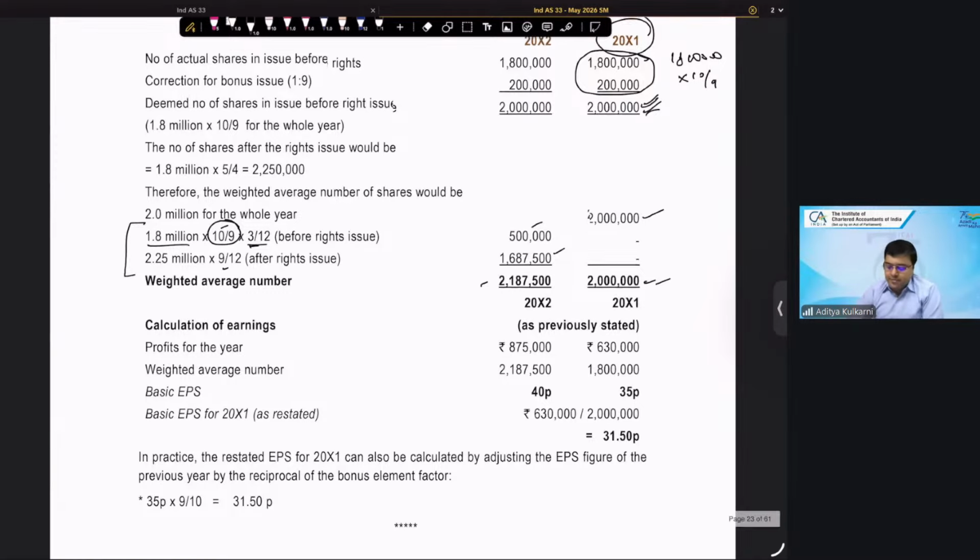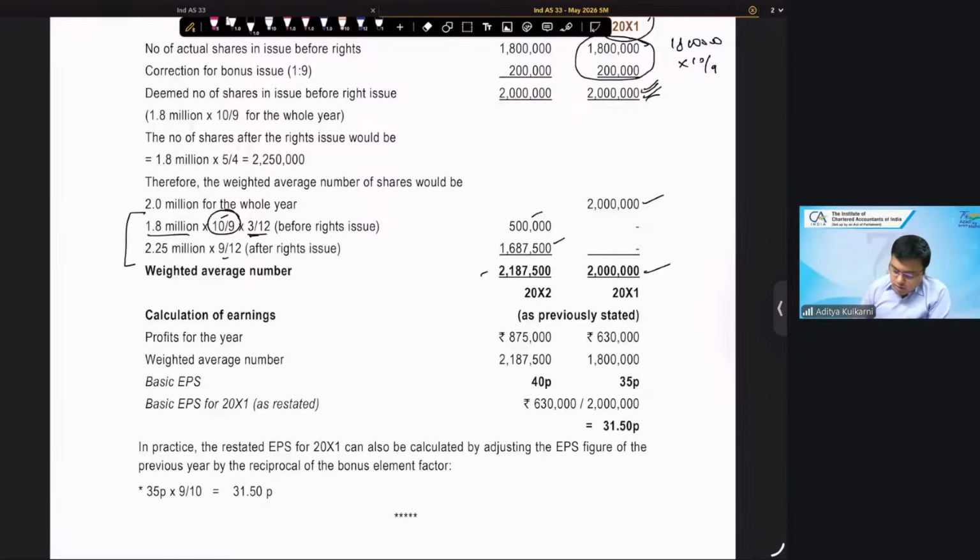Now, you had profits of 8,75,000 and 6,30,000. Previously, you had taken 18 lakh shares in issue. This was reported EPS. 35 paisa is your reported EPS of last year. Current year, 8,75,000 divided by 21,87,500 comes to 40 paisa.